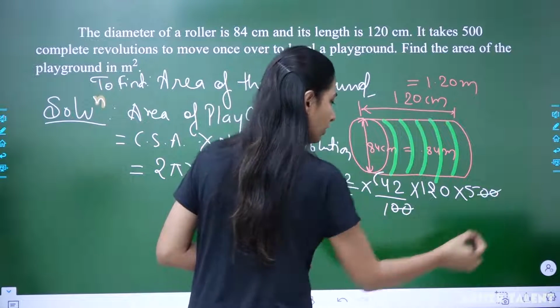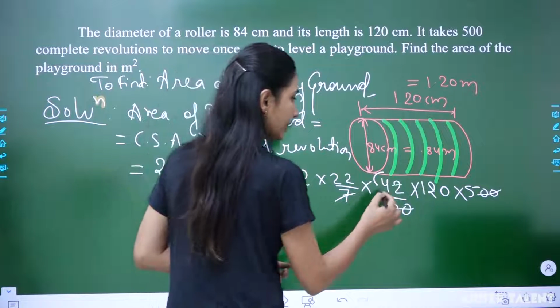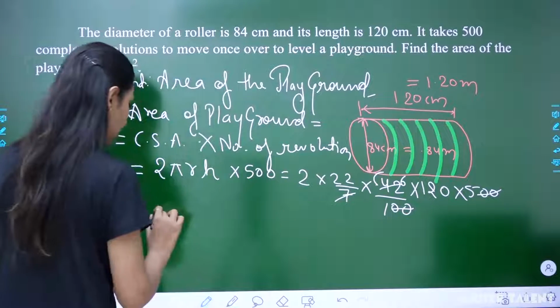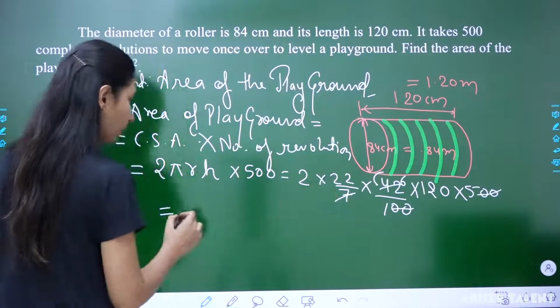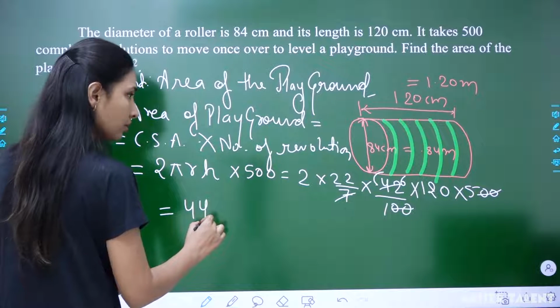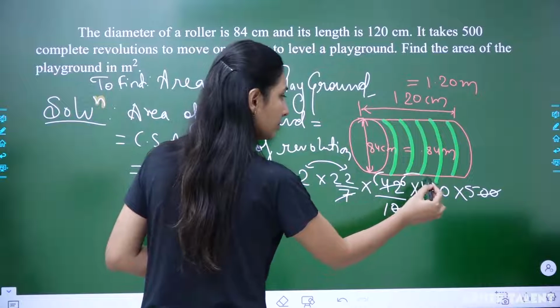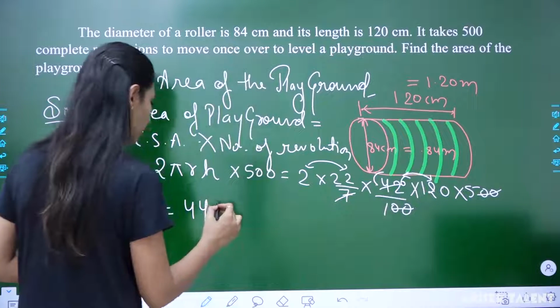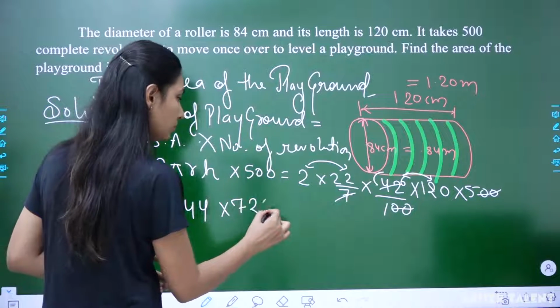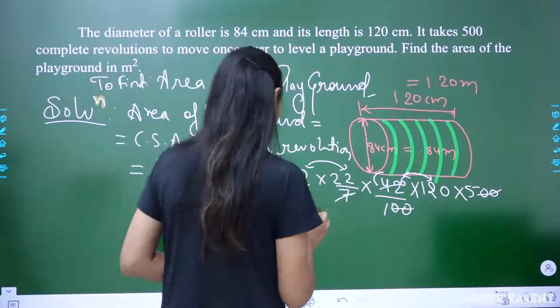So 20 cancels 6 times. That will be 44 here, then 72, 720 multiplied by 5.